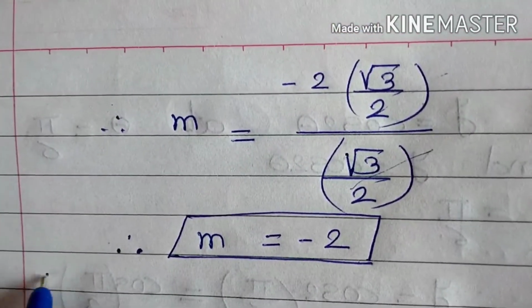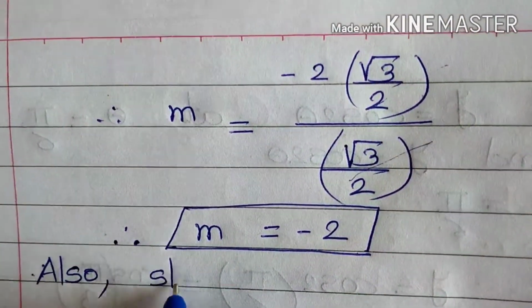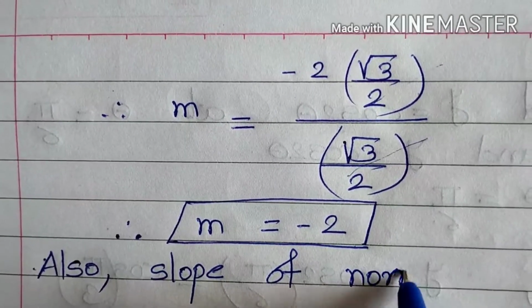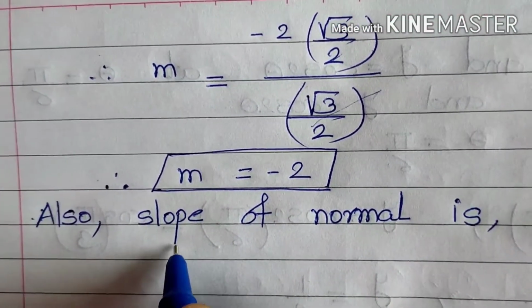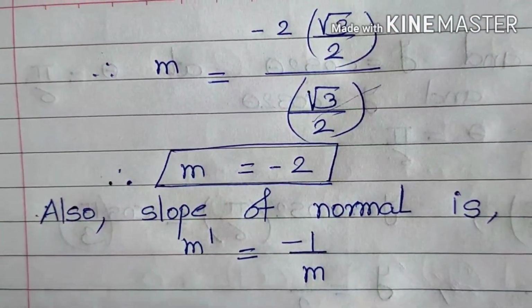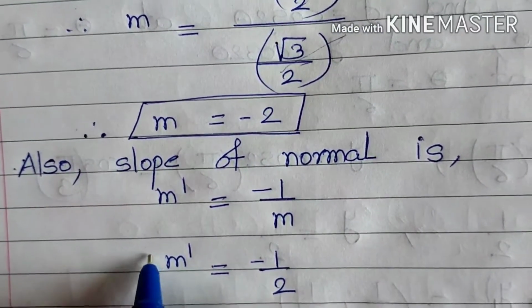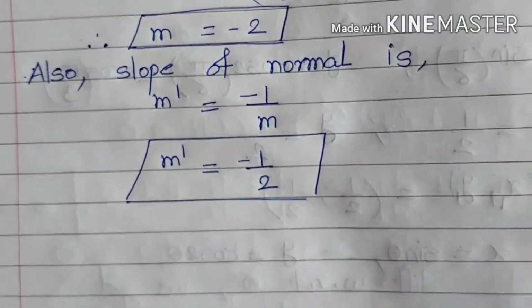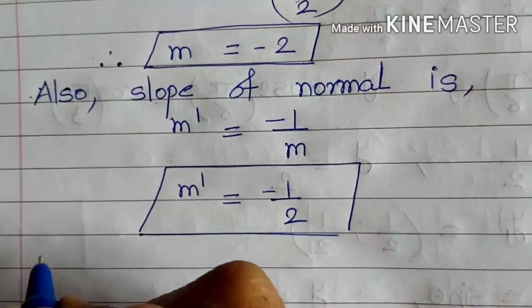Now slope of normal is also, put the values. So this is slope of normal. Now we have to find the equation of tangent.